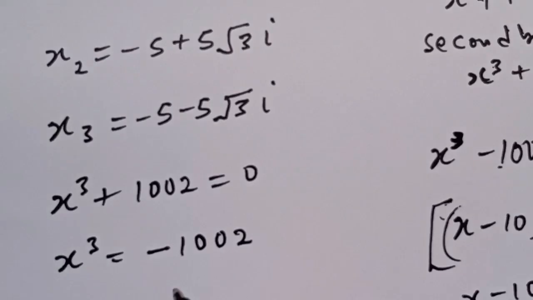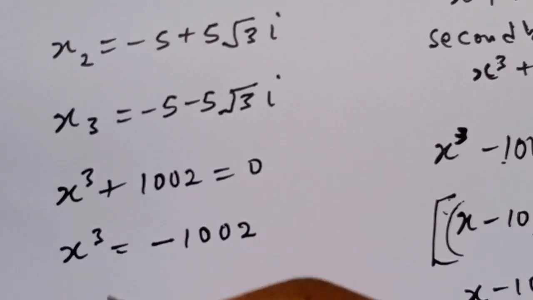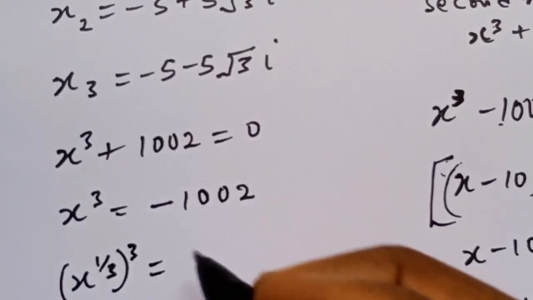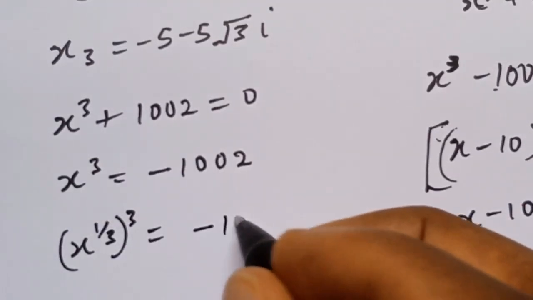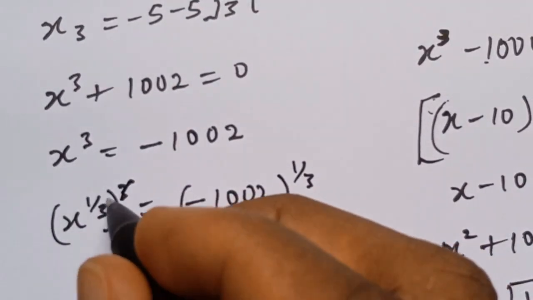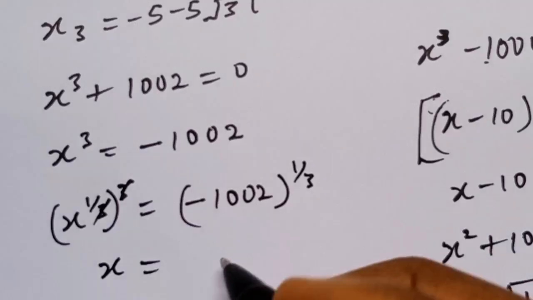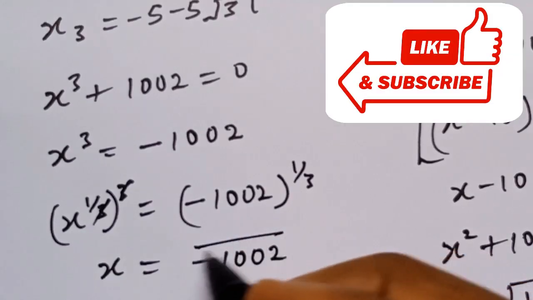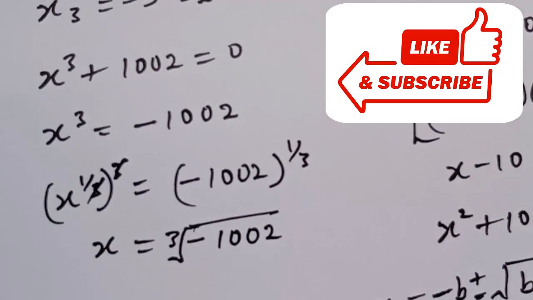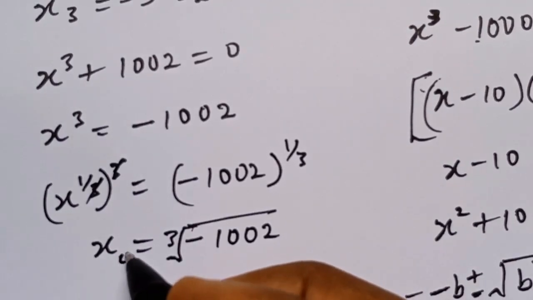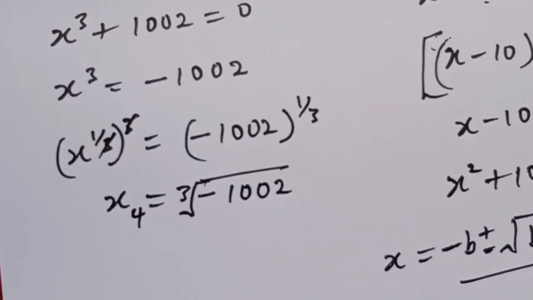From here we can take the cube root of both sides. Then the cube root and power 3 cancel, and we have x equals the cube root of minus 1002. That would then be the last value of x, and we can call that x4.